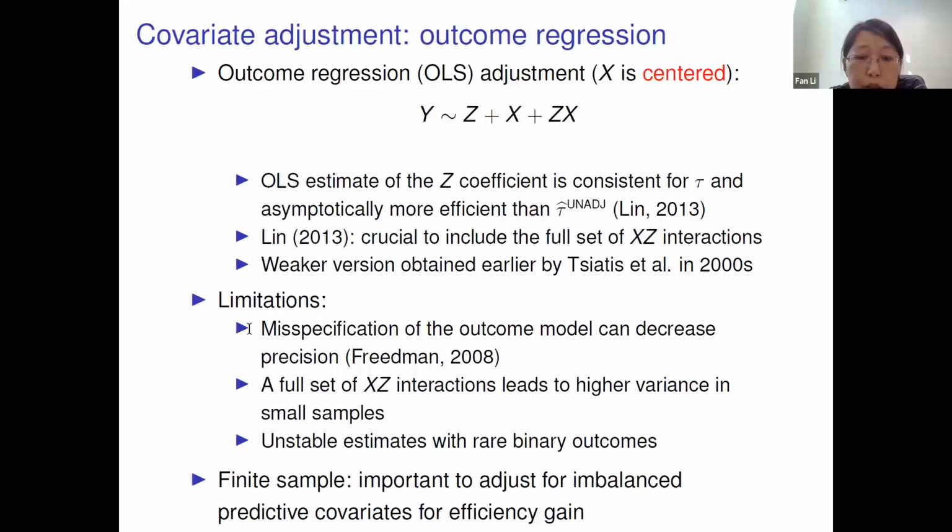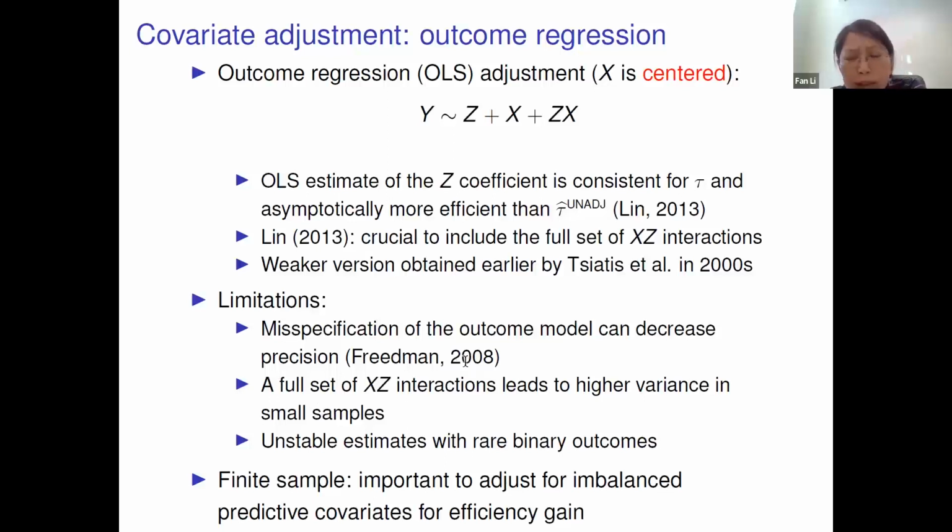Of course, some downside in practice is that, even though the consistency is there, if your outcome model is misspecified, far away from this OLS model, then it can actually decrease precision. So the consistency is there, but the precision still depends on it being correctly specified.